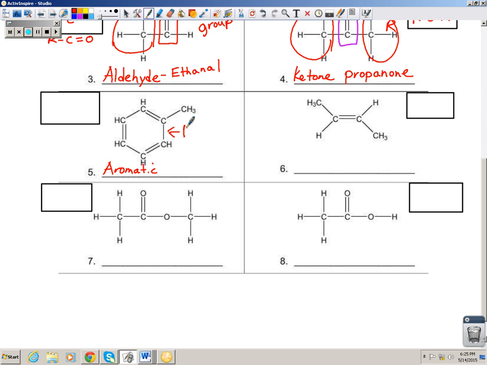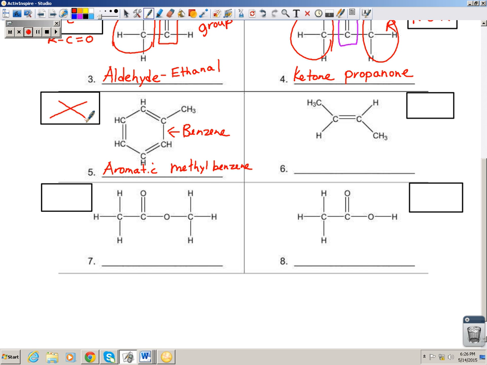This is the benzene ring. So we will call it methyl, because that's our methyl group right there, benzene. And we won't have a general formula for this. Sorry guys, not perfect.